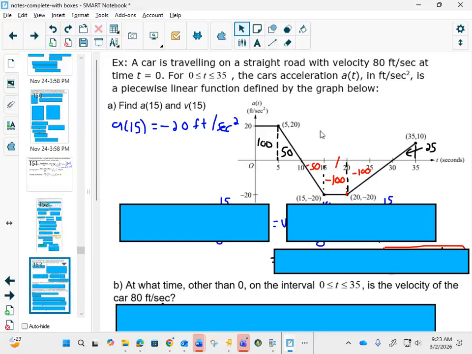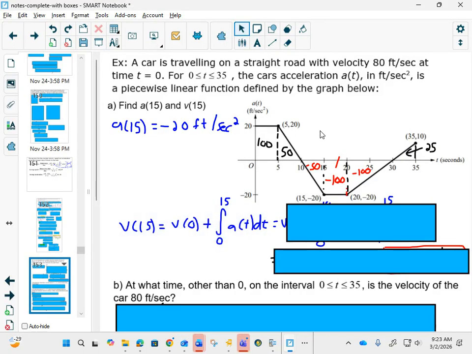Then between 10 and 30, you've got negative numbers here. So that accumulation of change means our velocity is going to be going down. If we want to figure out the velocity at 15, we can say our velocity at 15 will be where our velocity started plus the accumulation of change.